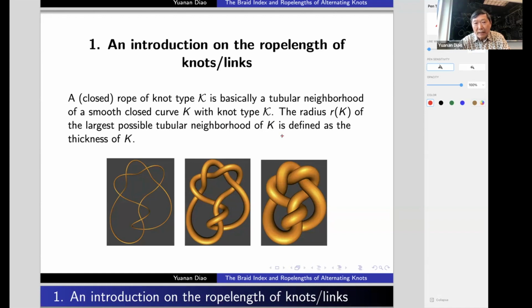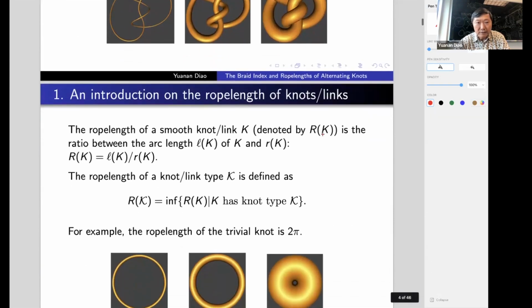Now, when I define the so-called thickness of a smooth knot K, this smooth closed curve in space, we are thinking about the largest possible tubular neighborhood, and the radius of that is defined as the thickness of K.